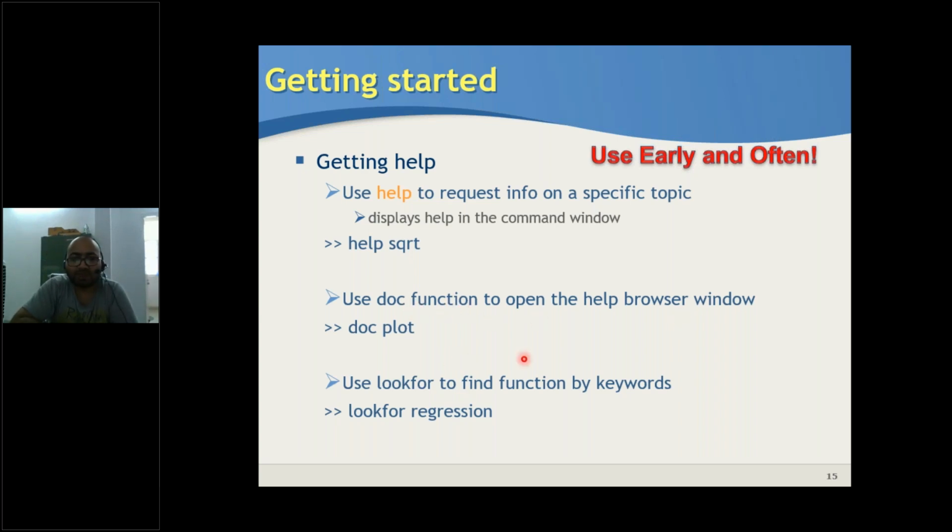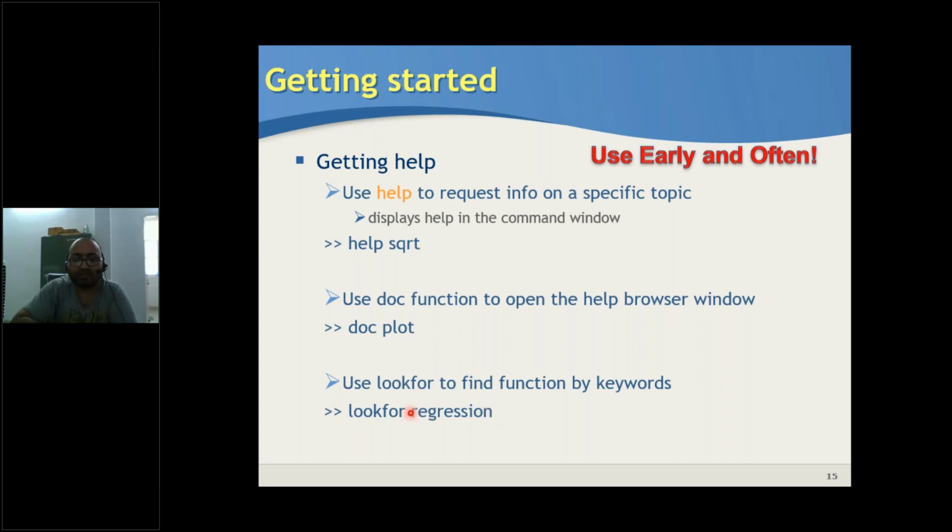Now, sometimes we do not know the exact function. We just know part of that function. For that, you can use lookfor. It will search all the functions which have the same set of characters in the function name.